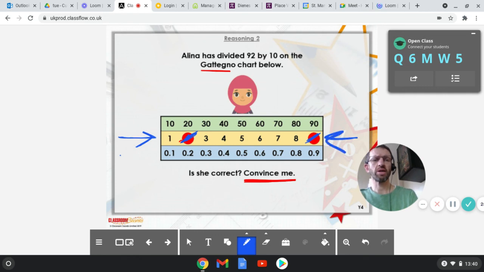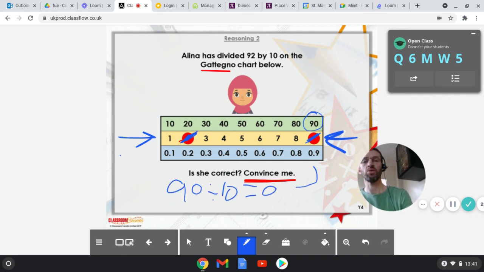Bit worried about that. If she was dividing 92 by 10, well, yes, I think the 90 is correct, because the 90 divided by 10 would be 9. Yeah? So I could write this bit out and I could say 90 divided by 10 equals 9.